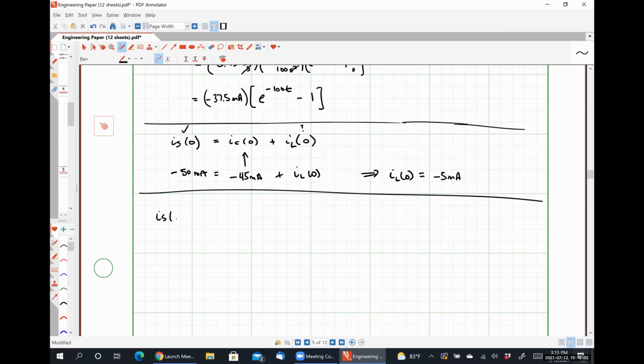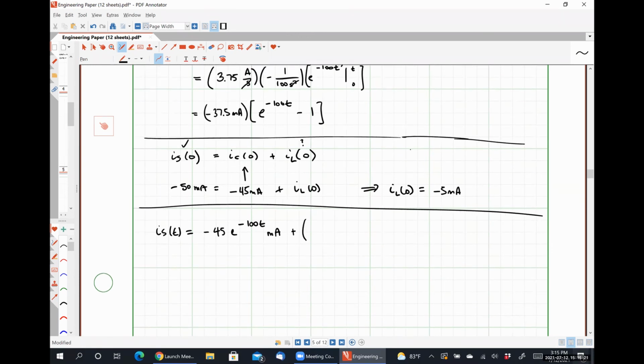So IS of t is going to be IC of t, which was negative 45 e to the minus 100t milliamps, plus IL of t, which we found to be negative 37.5 milliamps times e to the minus 100t minus 1, plus IL at t equal to 0, which was negative 5 milliamps.